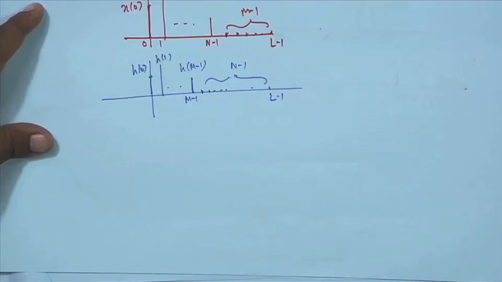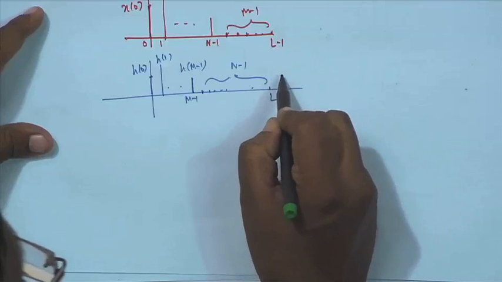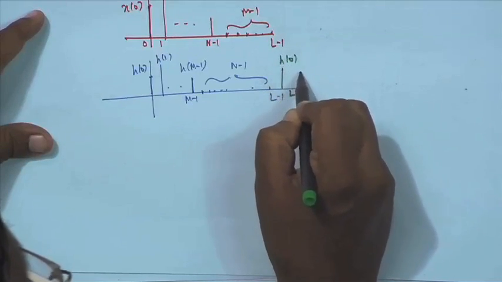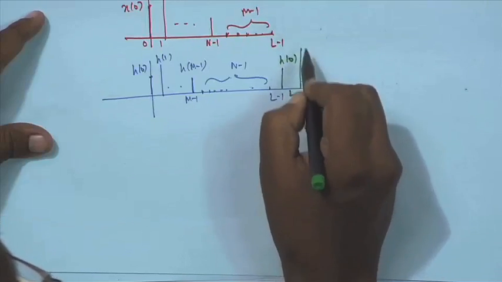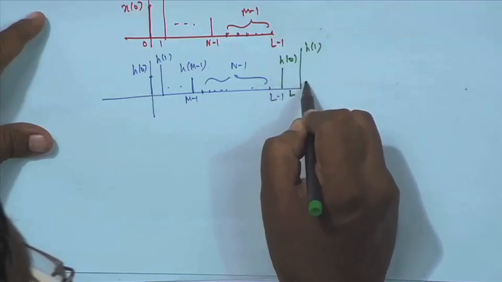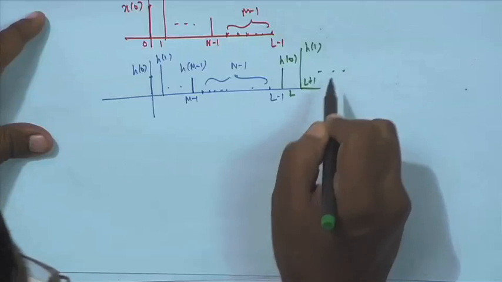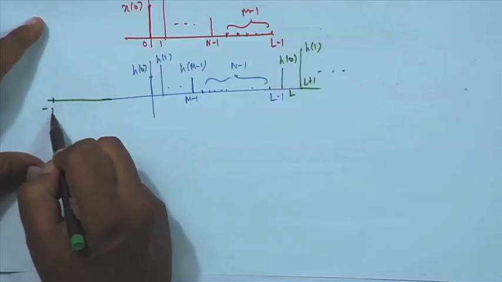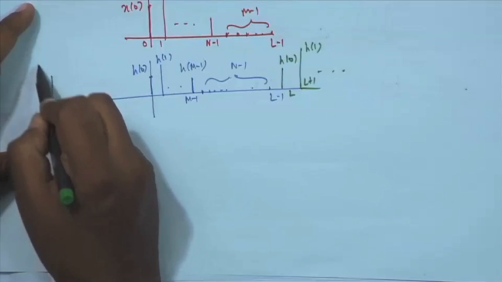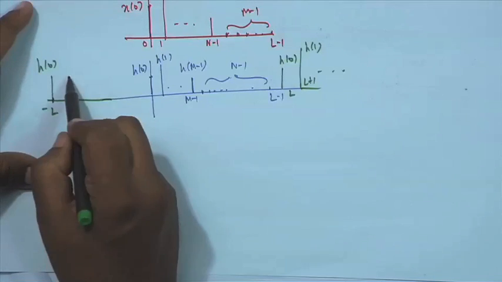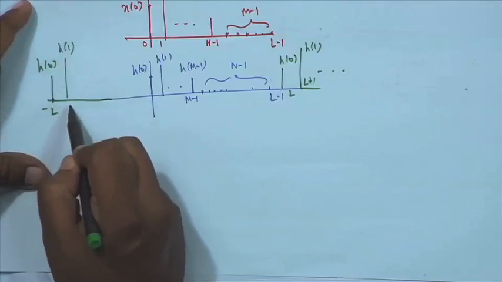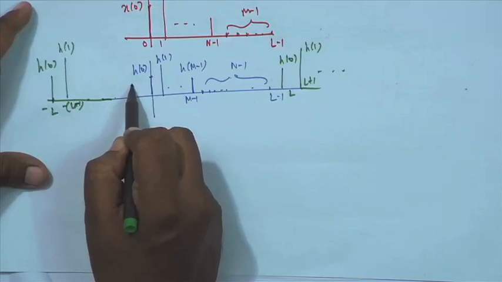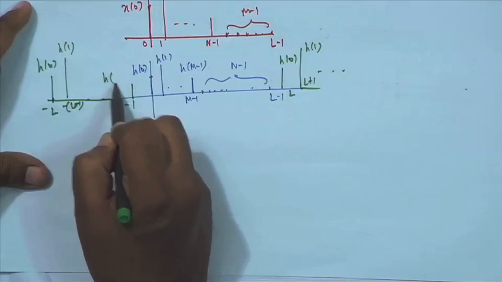To the right again you will have H 0 at Lth point, then H 1 at L plus 1th point, dot dot dot, and this side at minus L you have got H 0, then H 1 at minus L minus 1, dot dot dot, at minus 1 you have got H this guy.